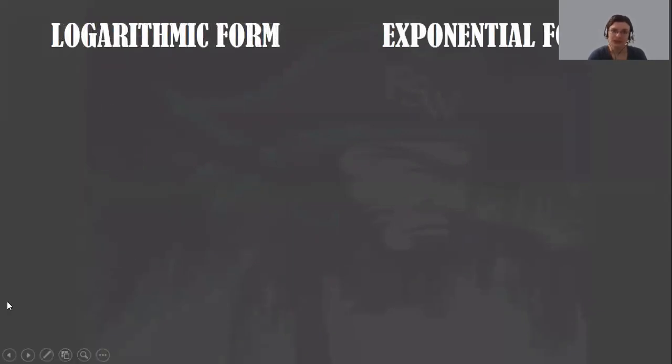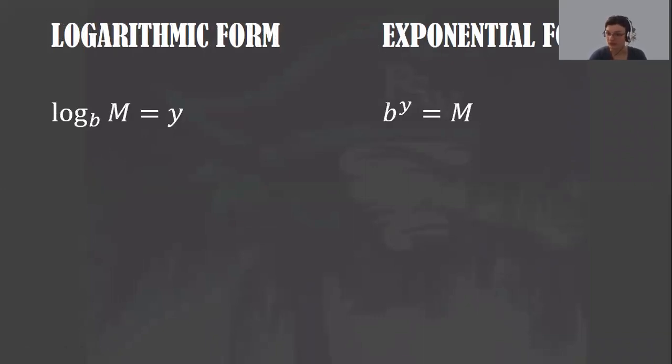I also want to go over the logarithmic form versus the exponential form. Sometimes you might have something in one form that would be better written in another form. Converting between the two is not too bad. You just need to identify which parts go where, and then those same things go on the other side. As you see here, log base b of m equals y, that same b is used in both places.